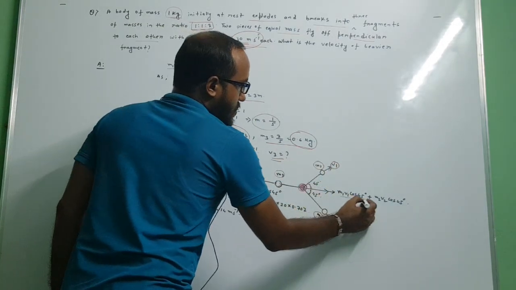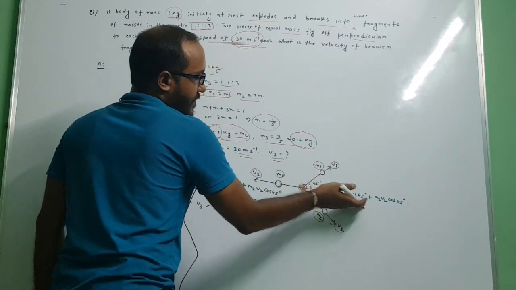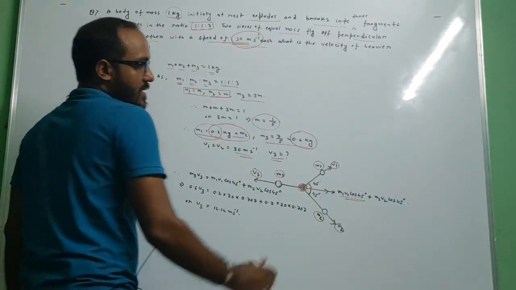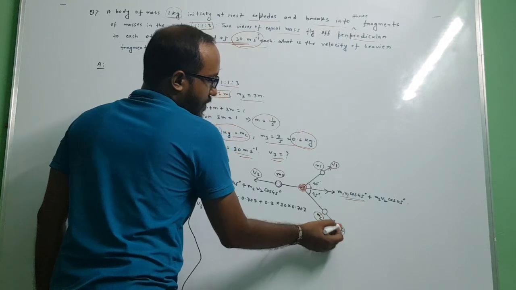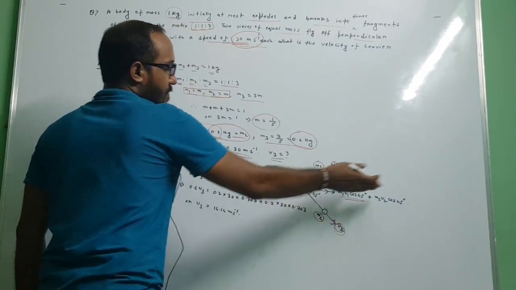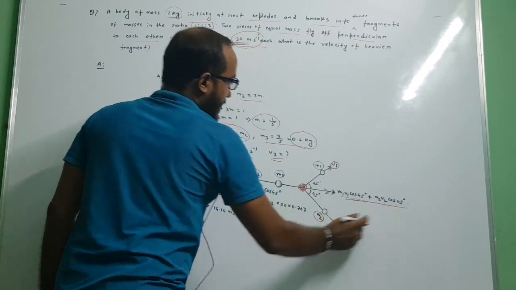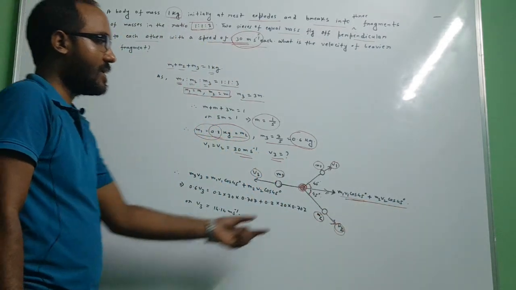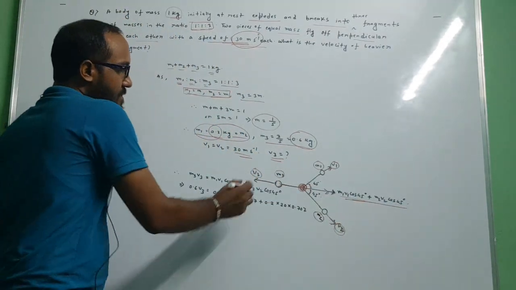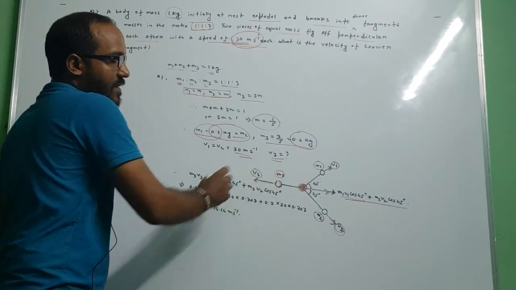So it has a cos component, m1 v1 cos 45, in the positive x-axis, and m2 v2 also has a cos component in the positive x-axis. That's why there are 2 arrows. So in the right hand side we have m1 v1 cos 45 and m2 v2 cos 45, and in the left hand side we have only m3 v3.